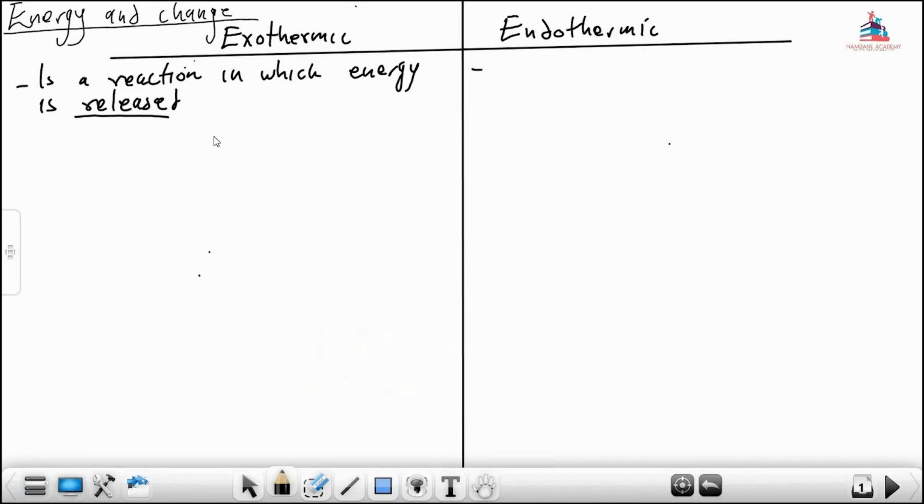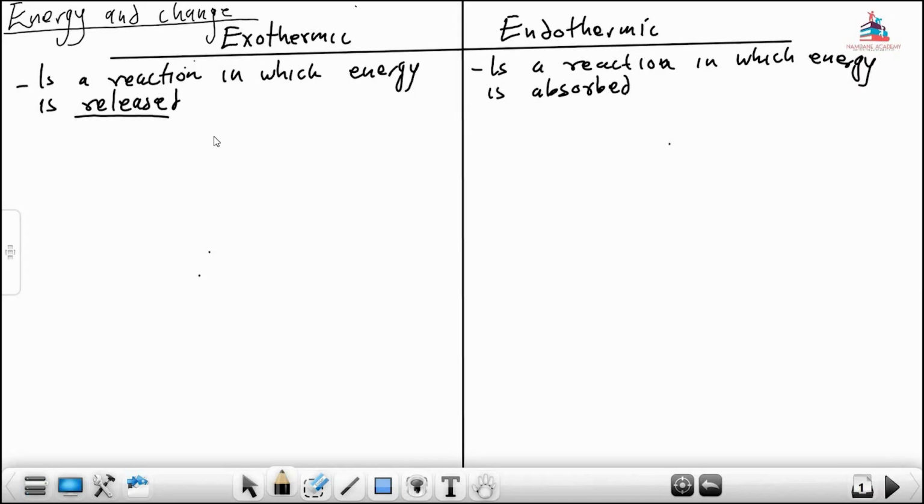And this one obviously is now the opposite: an endothermic reaction is a reaction in which energy is absorbed.